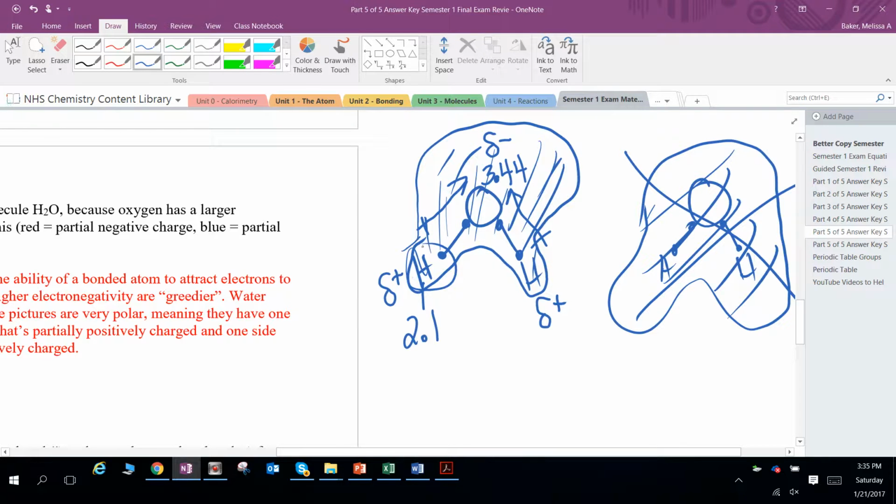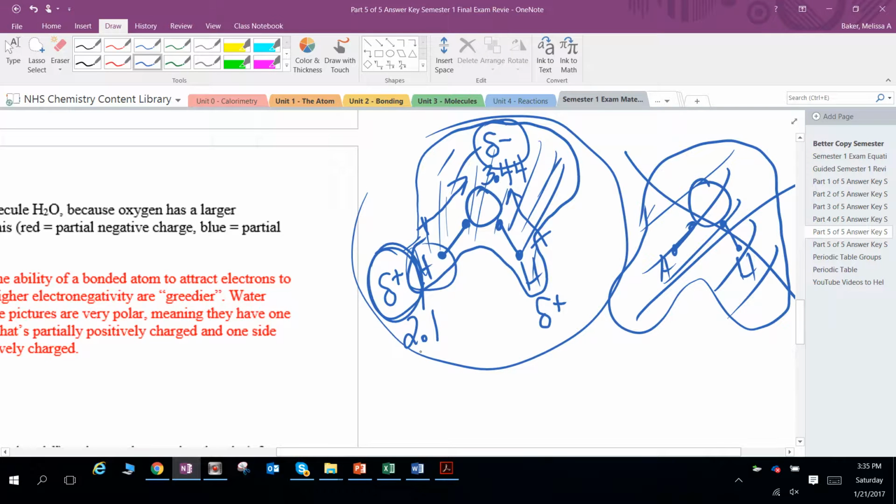They're leaving that hydrogen, and so it becomes partially positive now that more of the protons are exposed. So ultimately, this is called a polar molecule because, kind of like a north pole and a south pole, there's a positive end and a negative end.